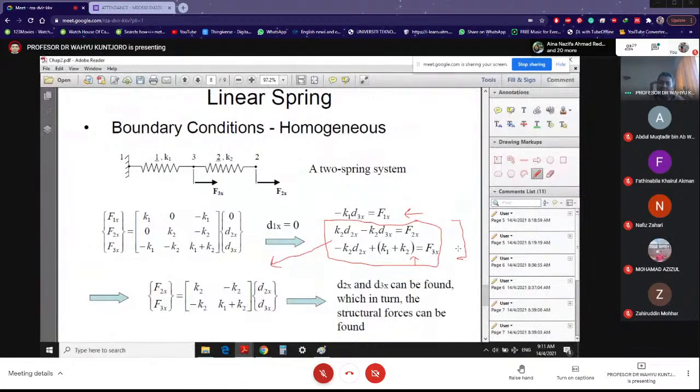So as I wrote here, D2x and D3x can be found, right?